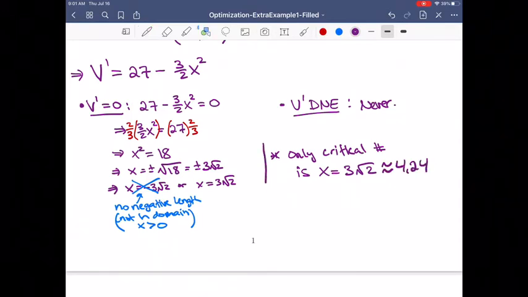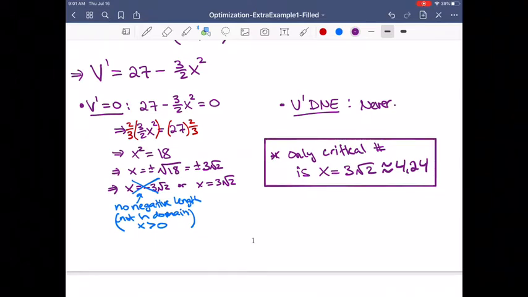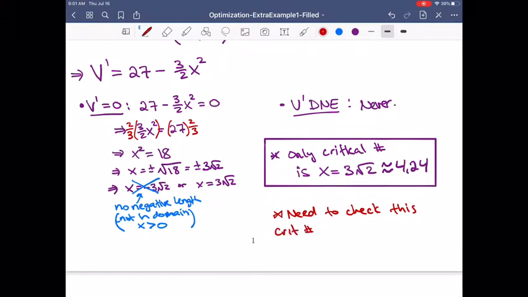So we want to make sure that our absolute maximum occurs at this critical number. So we need to check this critical number gives the absolute max.